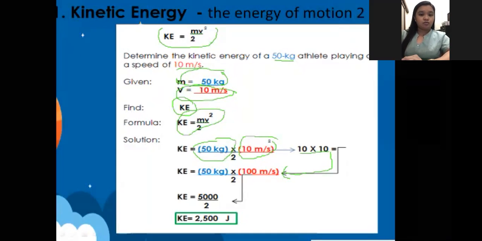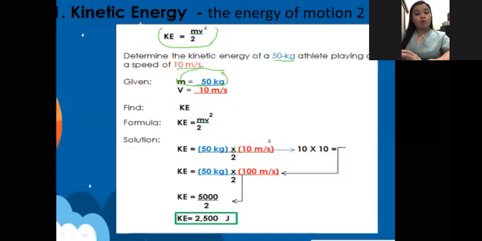Then you need to divide 5,000 by 2. As you divide it, you'll get the answer, which is 2,500 joules. Is it clear? That's how easy you can solve kinetic energy. You just need to follow the formula.